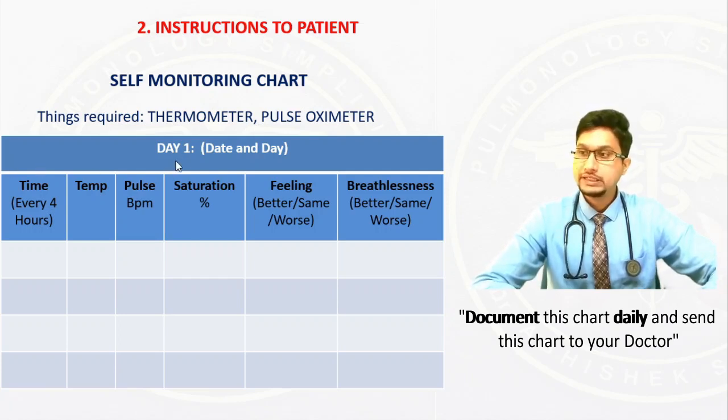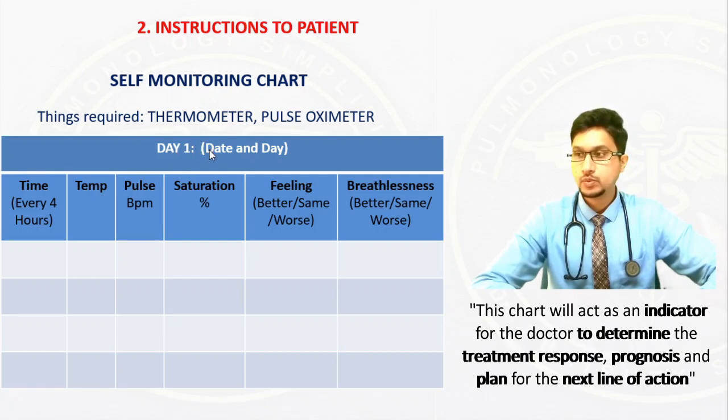So if you maintain a chart by rating the first day of symptom as day 1 and document the date and day, then make the following columns for time. So here you'll be rating at what time the vitals were measured. It is recommended that you monitor the vitals once in every 4 hours.